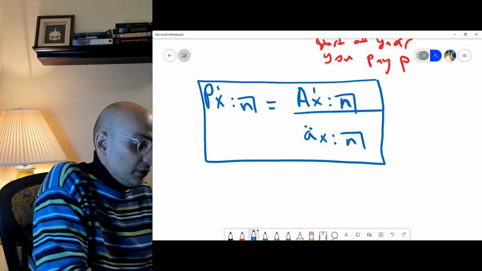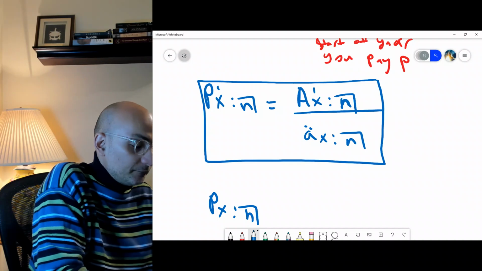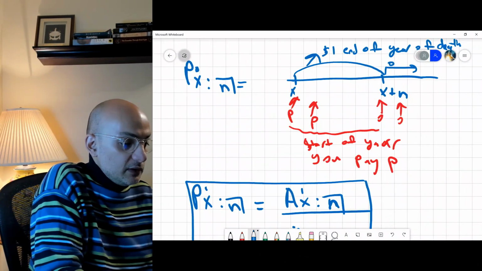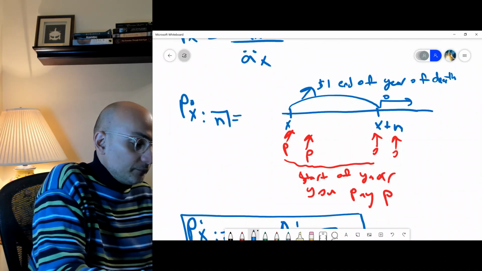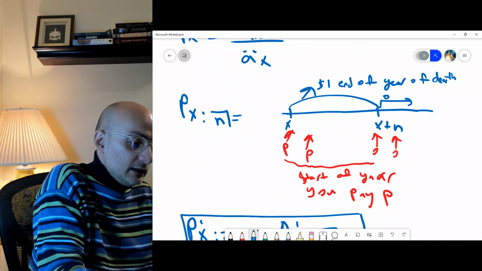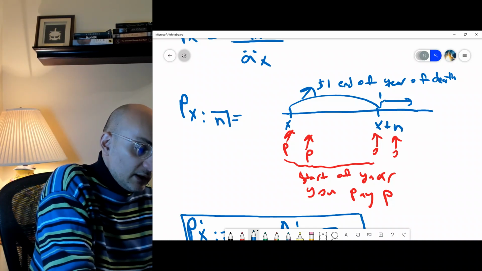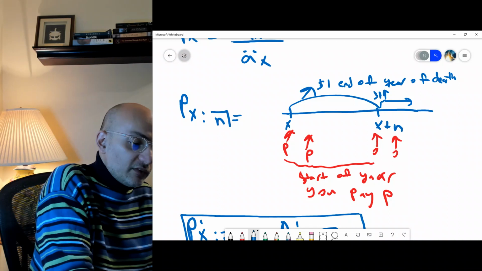Now let's alter this one. What if you see P, X, N, and there is no 1 on top of X? This is the endowment insurance. The difference is that if you remove the 0 here, then if the individual survives n years, we get $1.